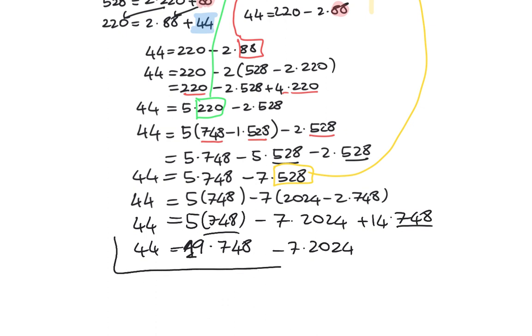This is the equation that I was looking for. My x is -7 and my y is 19. This could seem like an overwhelming process, but truly once you do it a couple of times and you try not to multiply out, recognizing the remainders, you will see that it's just a matter of substitutions.